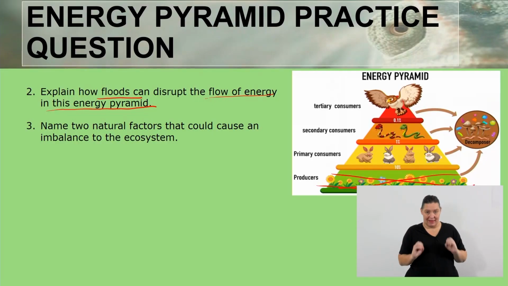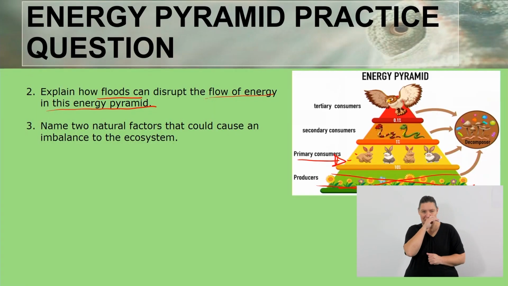So now if we have no producers, that means our herbivores or our primary consumers will also suffer because they will not have food to eat. And if our herbivores or primary consumers are not there, then automatically the secondary consumers are going to suffer together with the tertiary consumers. So the producers affect the primary, the secondary, up until the tertiary.